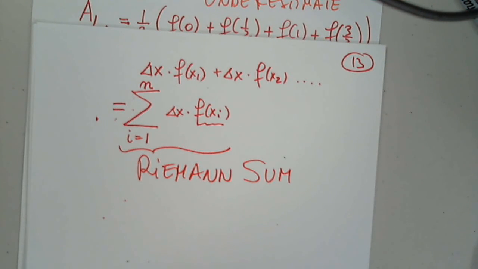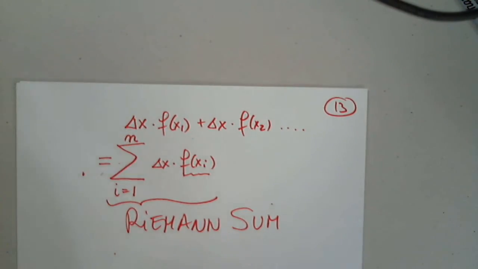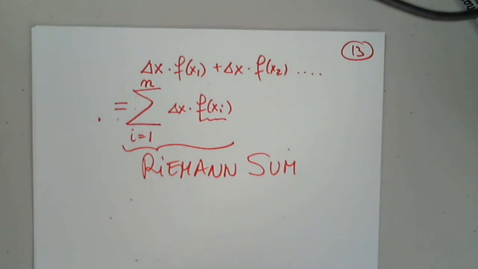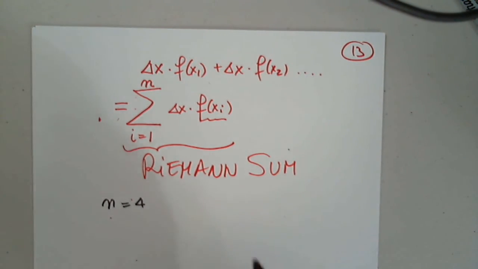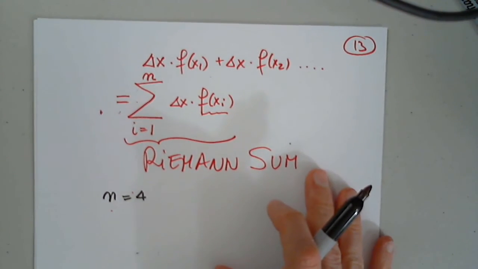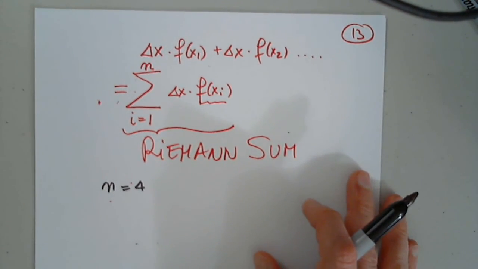Stay with me. I'm going to ask you this question. We used n equals 4 subintervals, and we were happy with the midpoint.